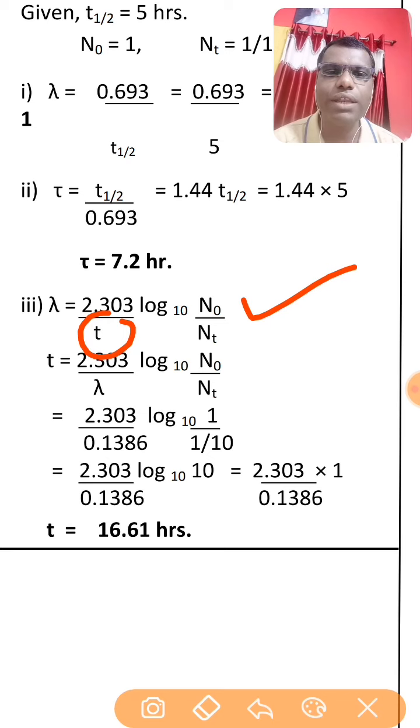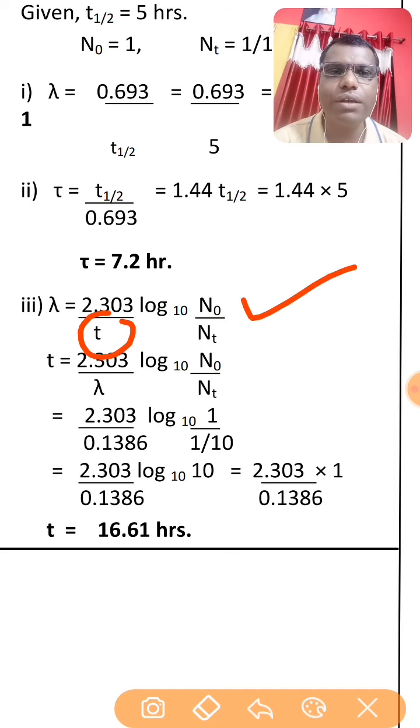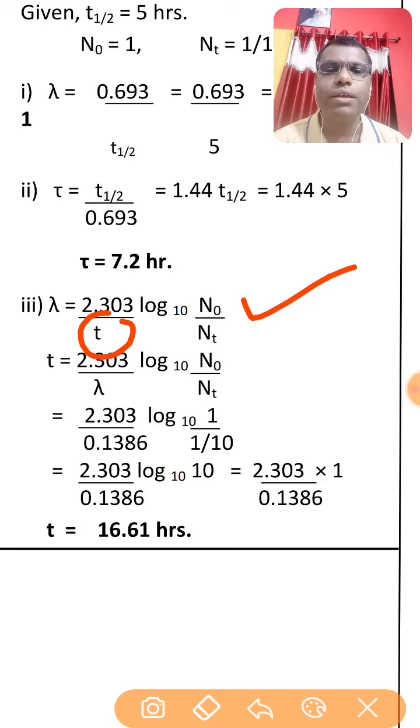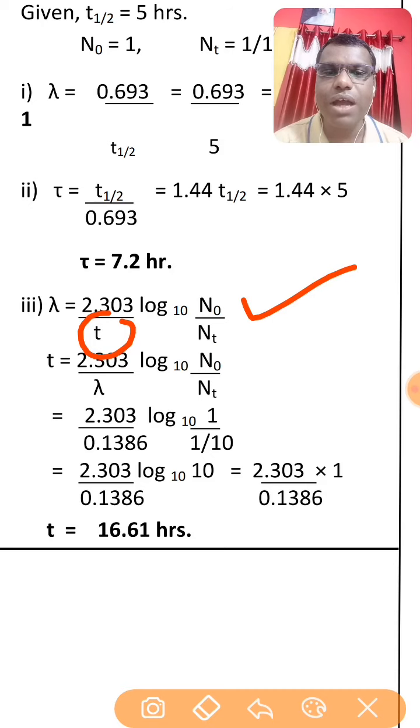So we can get the relationship between n0 and nt. Just like in the half-life period nt becomes half of n0, here the difference is that nt will become 1/10 of n0.